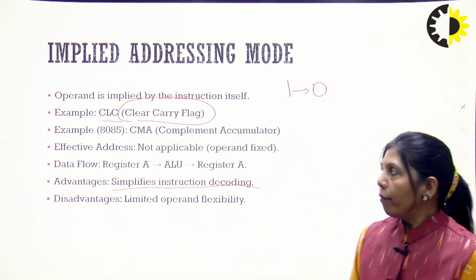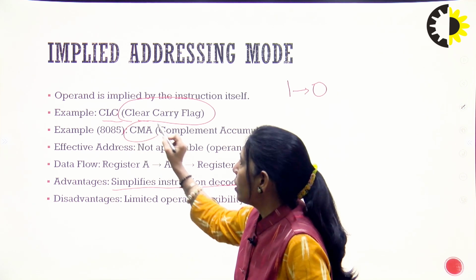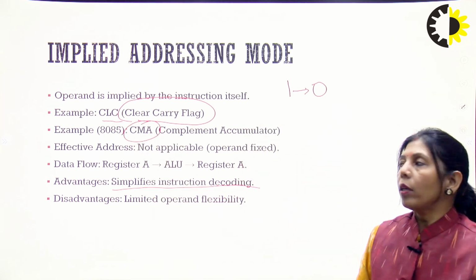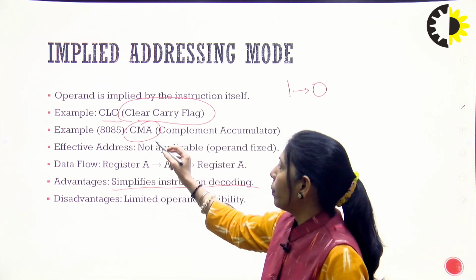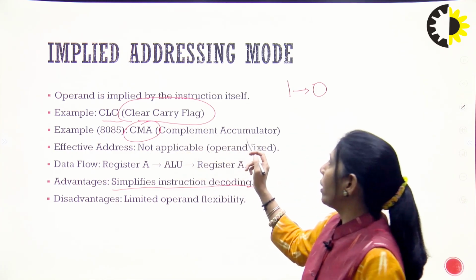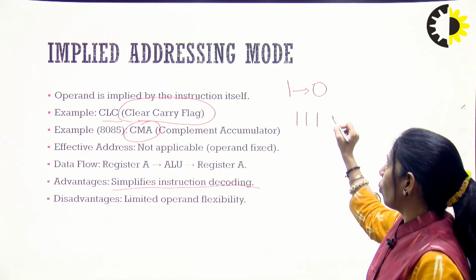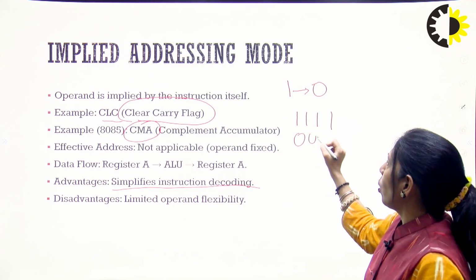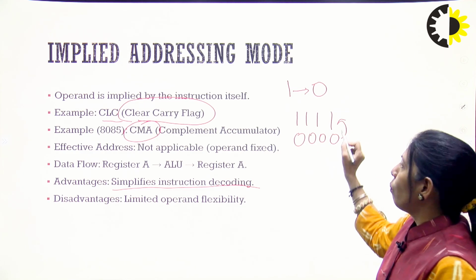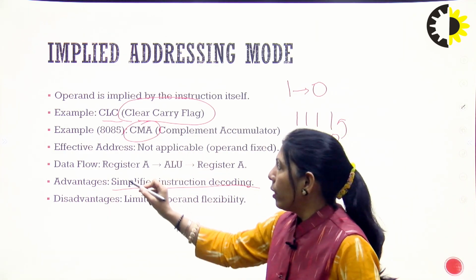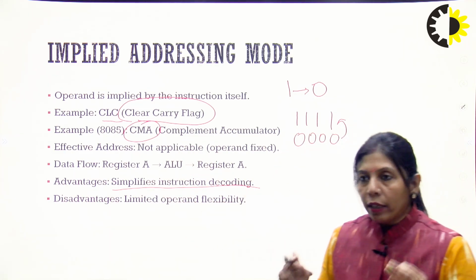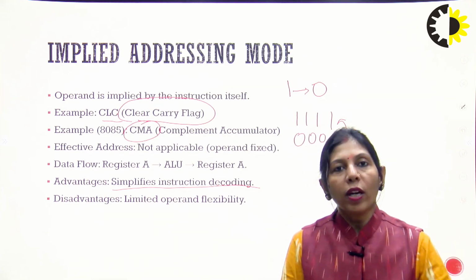If we have the command CMA, it is easily understandable that it is complementing the value of the accumulator. If the value of the accumulator was this, then it needs to be complemented to this, or vice versa. That means the value here is the instruction itself.